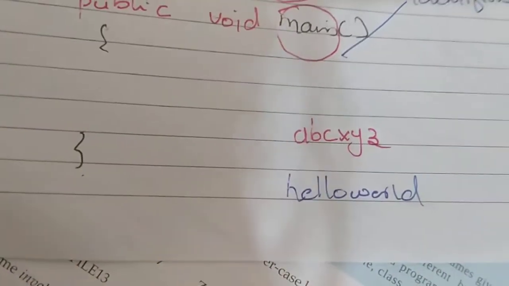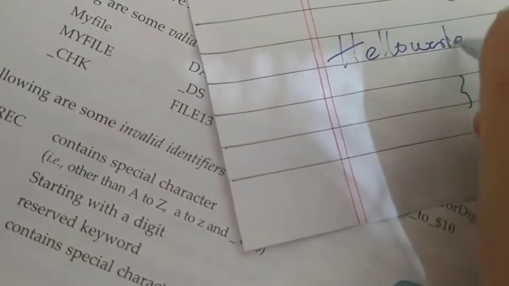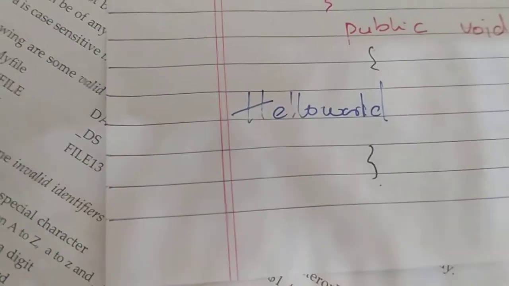Suppose I want to name my class Hello World. I must write HelloWorld without giving space. You can give capital letters also, but without space.